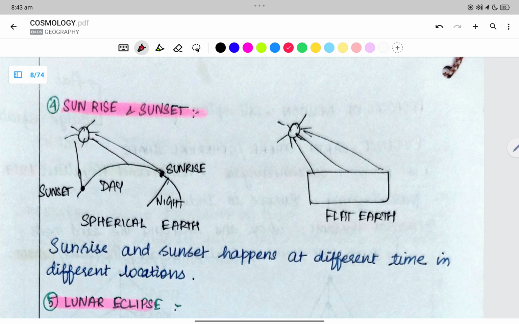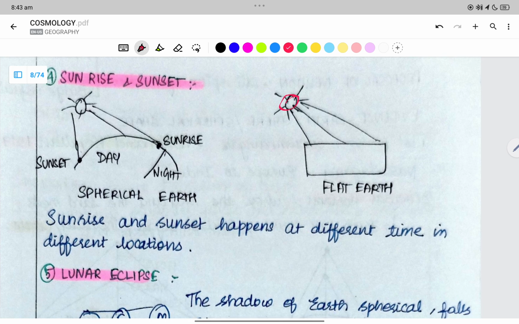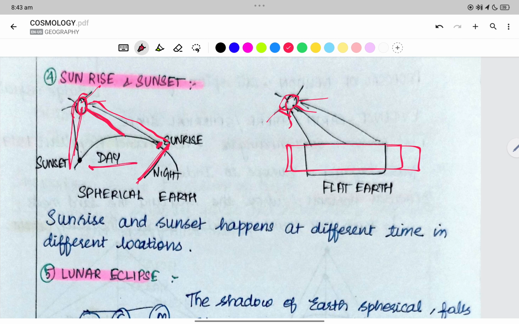Sunrise and sunset. If it is a flat earth, sunrise must be at the same time in all places, but the sunrise is different at different places. For example, here you have sunrise, right? The remaining parts are night. Here you have midday. Here it is sunset. The sun is going to leave, right? Here you have sunset, right?